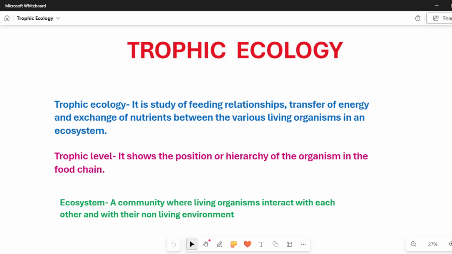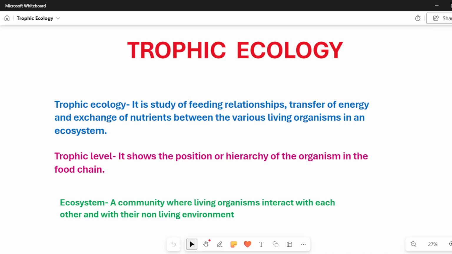An ecosystem is a community where all living beings interact with each other and also with their non living environment. How do they interact with their non living environment? For example, plants interact with the sun, so they get the sunlight, water, and produce their own food. So, this is how interaction with the non living environment happens. This community is known as an ecosystem.